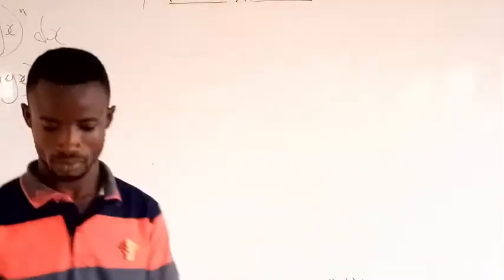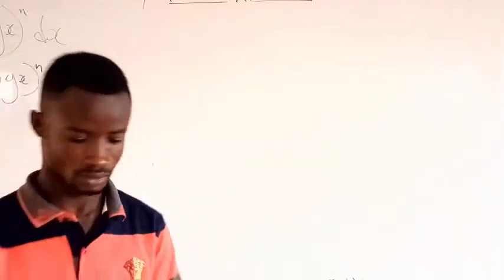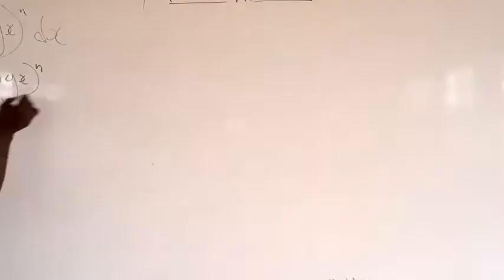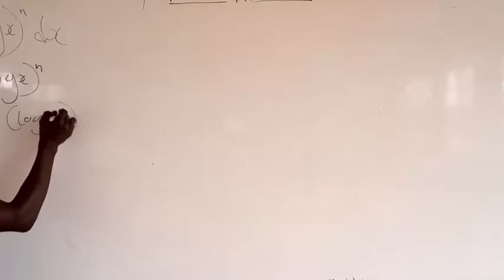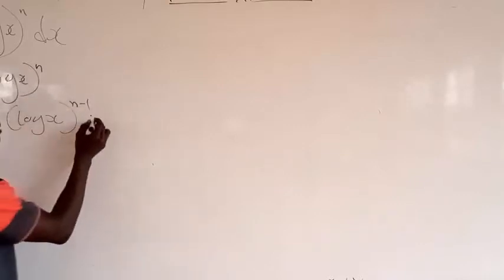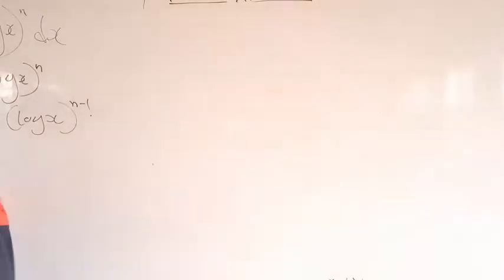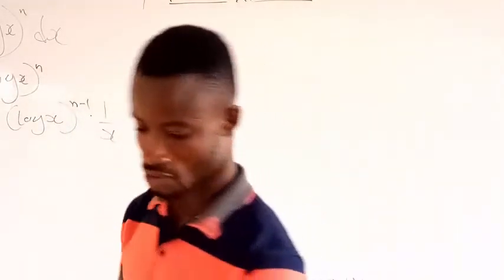Then du will be equal to n multiplying log x, subtract 1 from the power, then differentiate the inside and you get 1 over x.